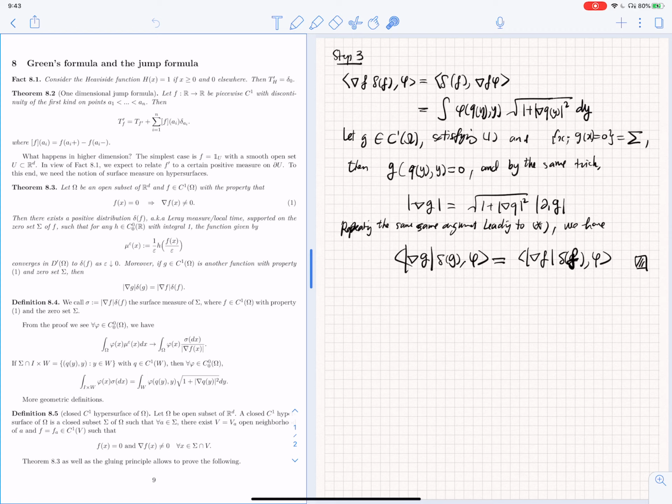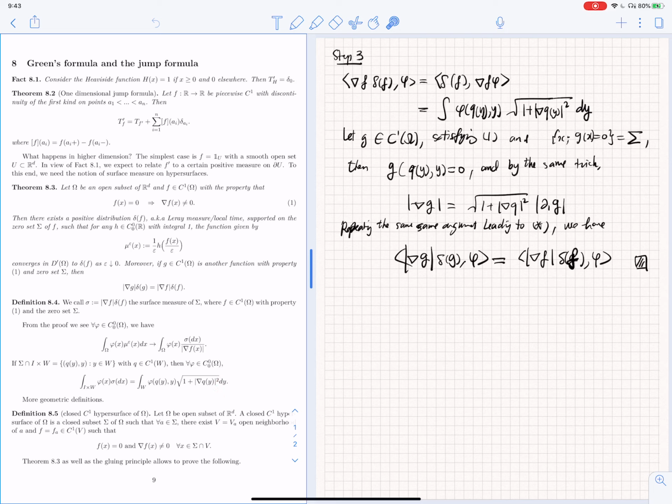On the other hand, if we want to evaluate the integral of a function with respect to this surface measure sigma, what do we have? We can write the surface measure in terms of this function q, and the integral with respect to a Lebesgue integral on the d-1 dimensional space.